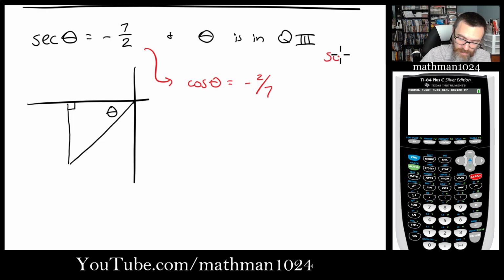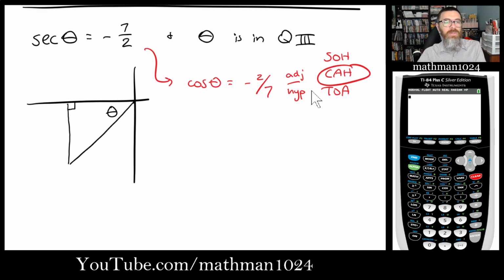And as we've mentioned before, I'll say it again, SOHCAHTOA. So we're talking about cosine and how it is adjacent over hypotenuse. So they're telling me what the adjacent side is and what the hypotenuse is. So the adjacent side is 2, the hypotenuse is 7.